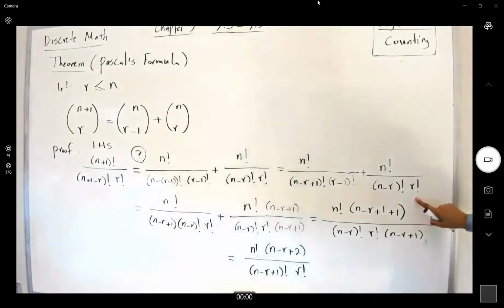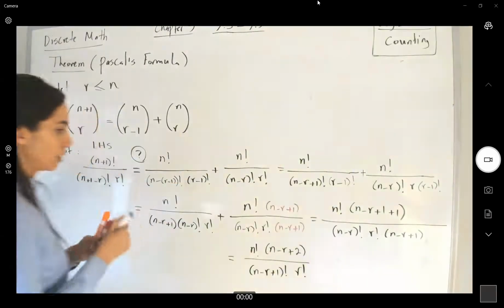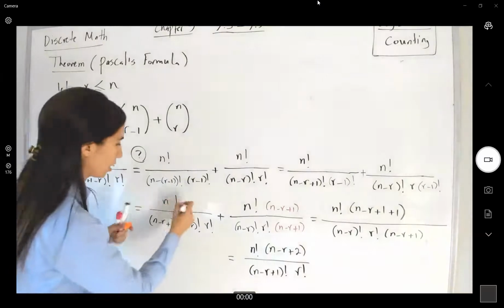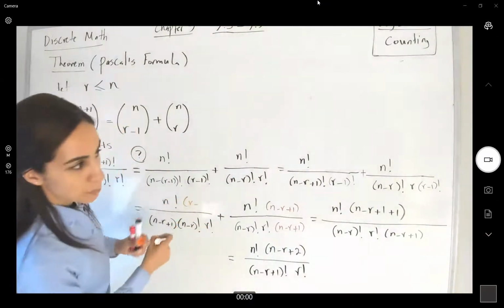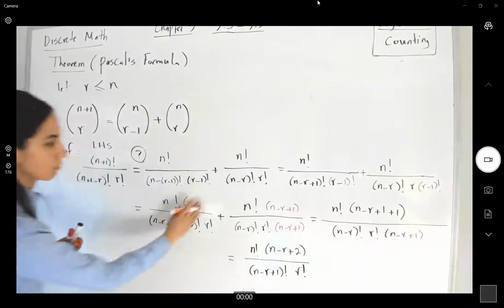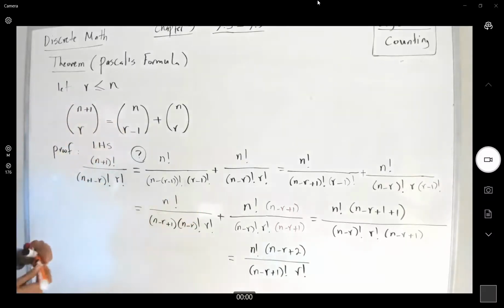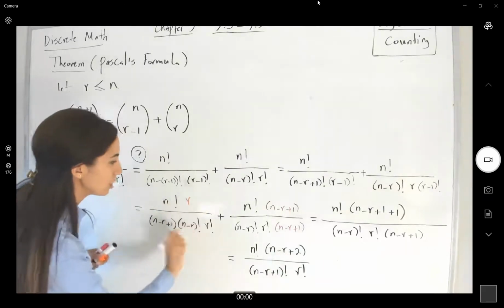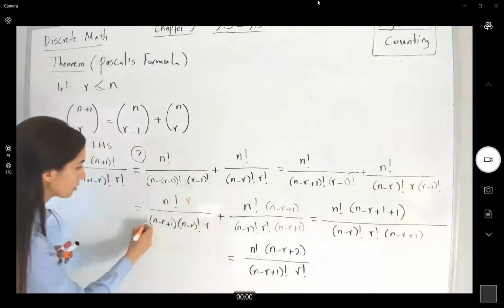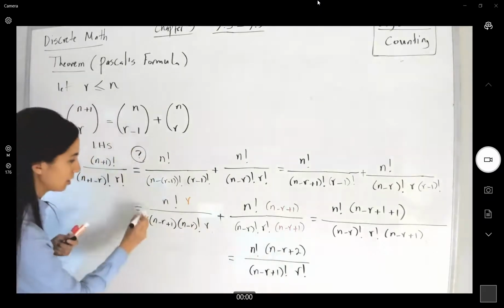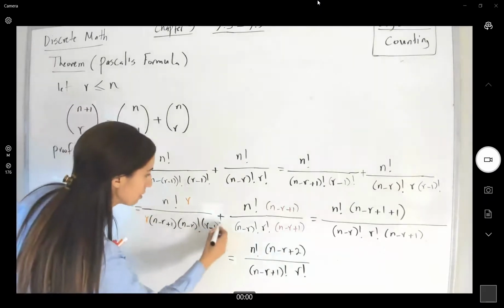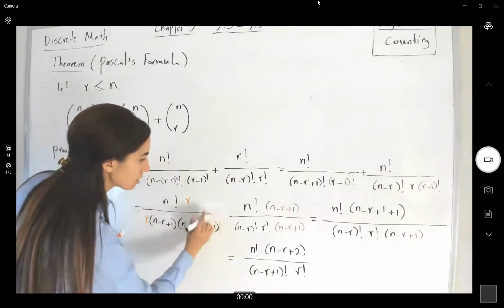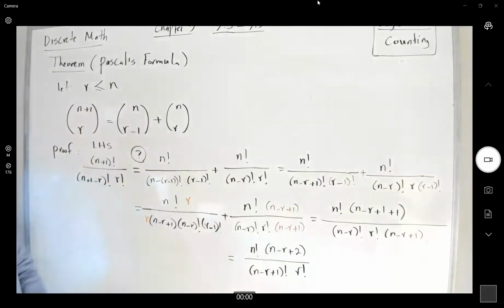This r factorial is equal to r times (r minus 1) factorial. So we have to multiply this by r, and down here I get (r minus 1) factorial times r. Okay, that makes sense. There was something missing that caused trouble for us, so we're going to fix it.